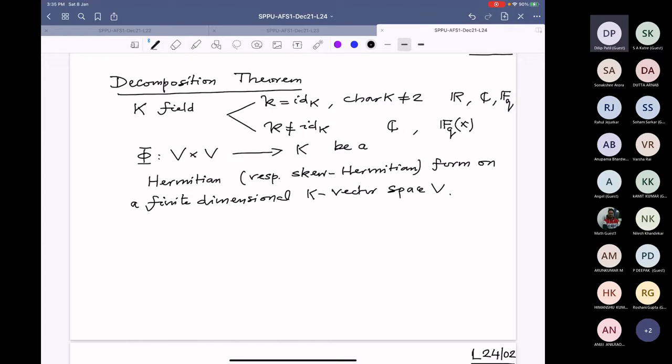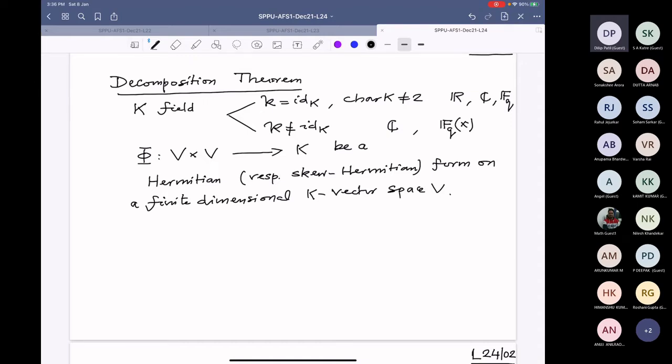Or you can also take an arbitrary automorphism and take the fixed field of that. So there are so many examples, and even in the finite field case, it is very interesting for calculation purposes and so on.